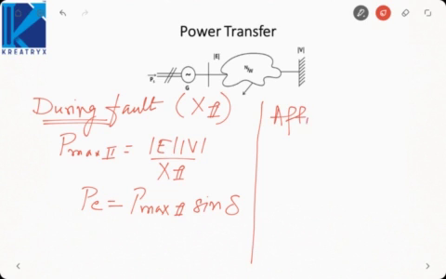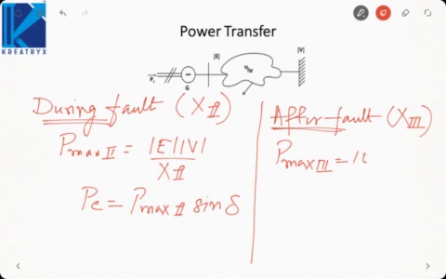Similarly, after fault, that is after the circuit breaker has been opened and the faulty part is removed from the system. Since you might have removed some part from the system, the reactance of the system will change. So here we will consider the reactance as X3. So what will be P max 3?